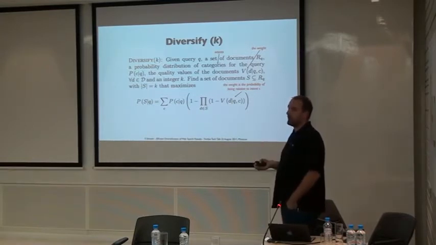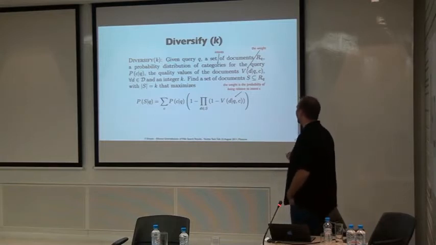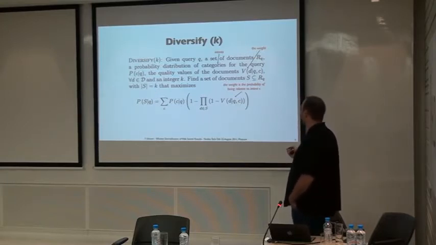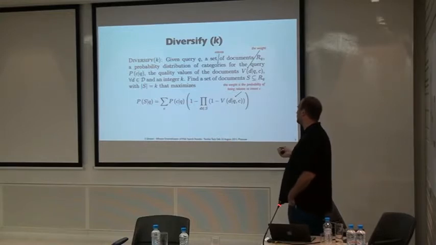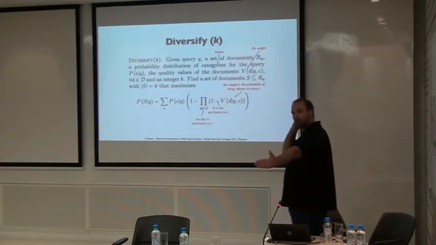And then you also have a probability distribution on categories. So for each query, for each category, you can evaluate the probability that the category is relevant for that query.